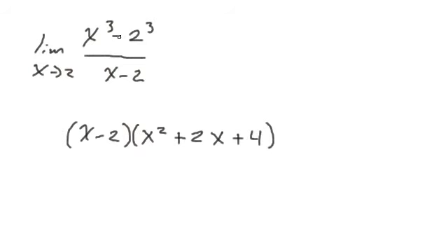If this were an x cubed plus 2 cubed, if this were a plus right here, then we would end up putting a plus here and a minus here. But this sign here is going to always be a plus. Right? And I'm going to go ahead and rewrite the limit as x approaches 2.